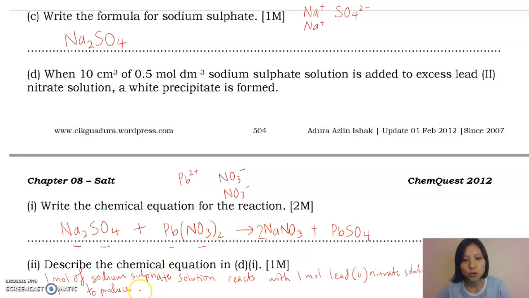How many moles? 2 moles of sodium nitrate. Okay. Now this is a plus sign, so you write and. And how many moles of this? 1 mole of, what is this? Lead 2 sulfate solution.